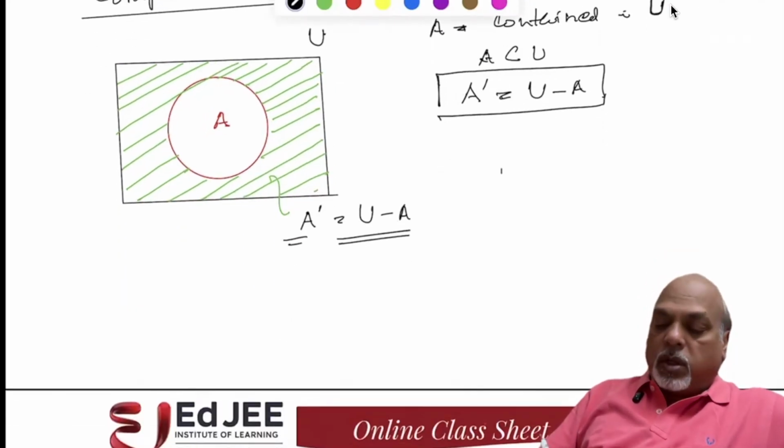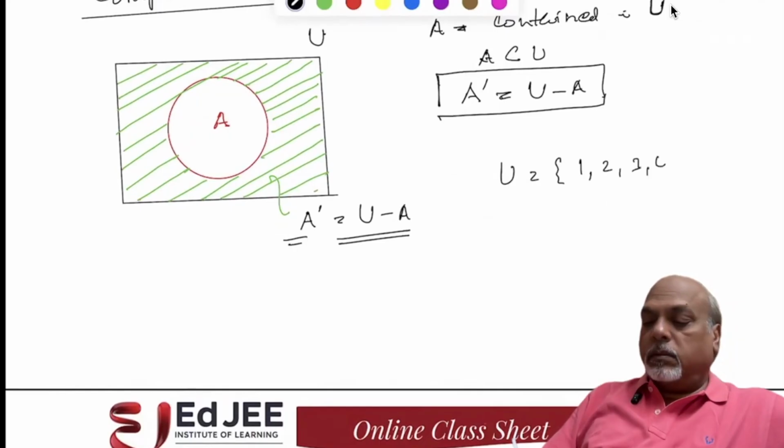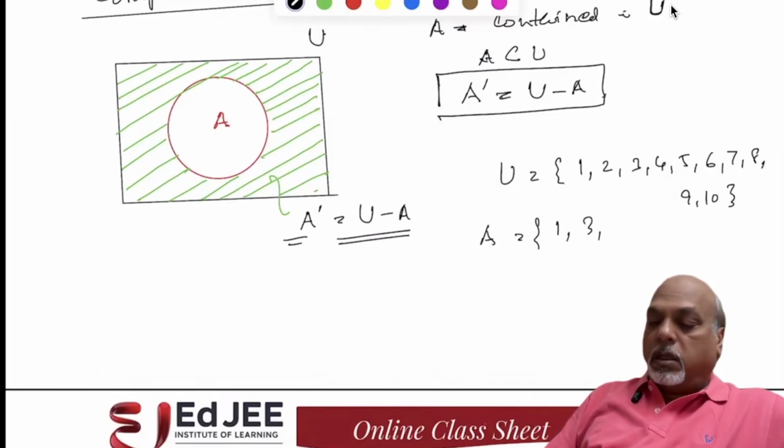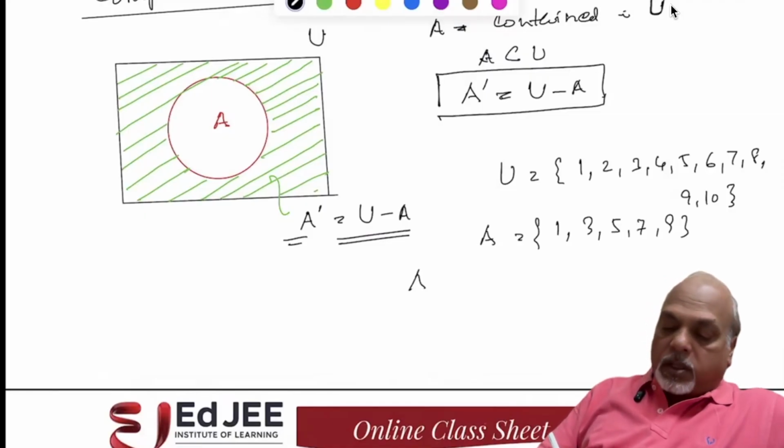We can take an example here. Suppose U is the natural numbers from 1 to 10, and A comprises 1, 3, 5, 7, 9. Only 5 elements. Then what is A dash?